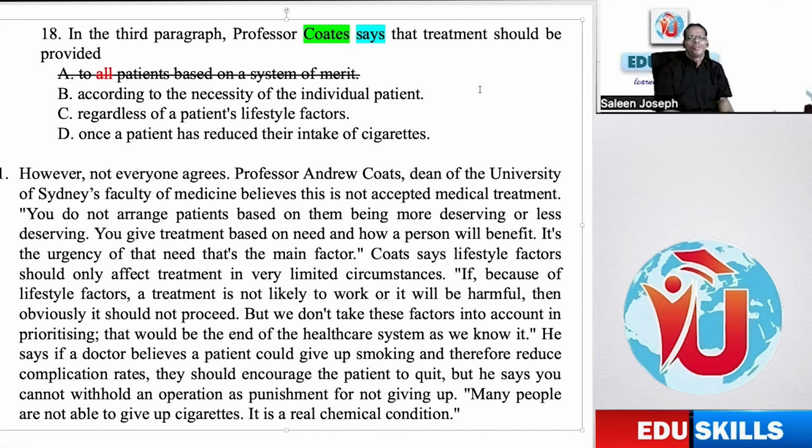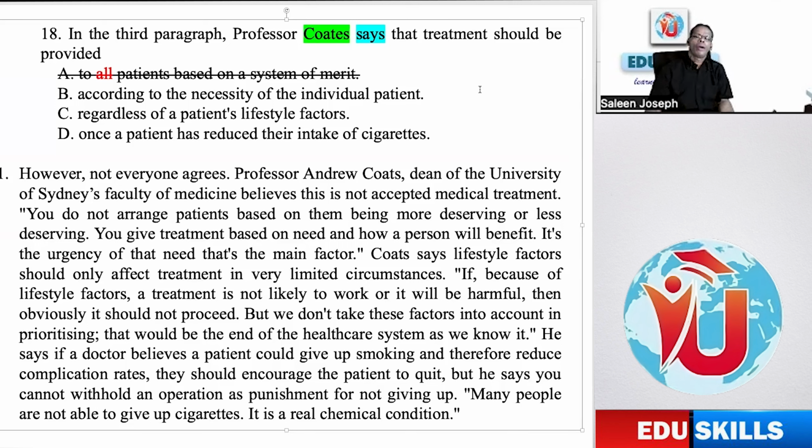Okay. Treatment should be according to the necessity of the individual patient. Treatment should be provided regardless of a patient's lifestyle factors. Treatment should be provided once a patient has reduced their intake of cigarettes.